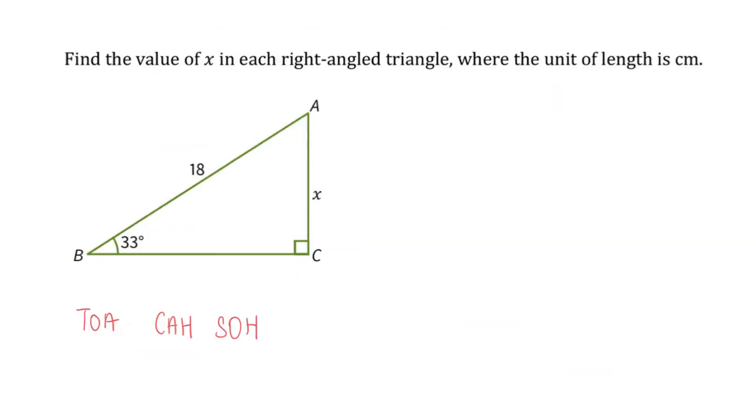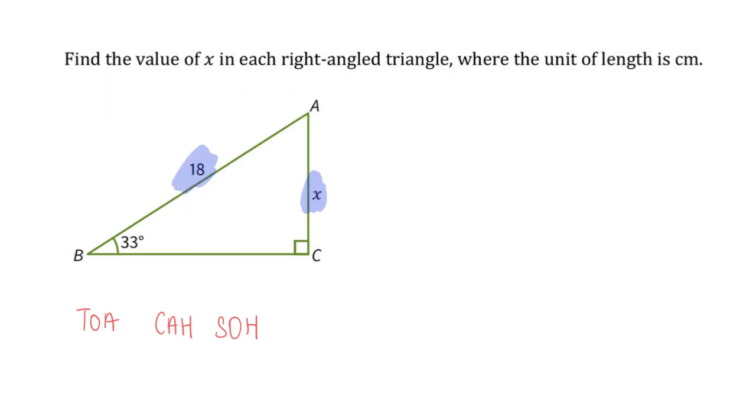Hello everyone, welcome to this question where we are required to find the value of x in each right angle triangle where the unit of the length is cm. So the value of x. Alright, let's see what we are given. In this question, we are given x as this length here, and 18.